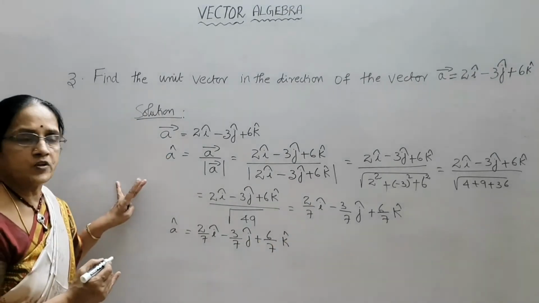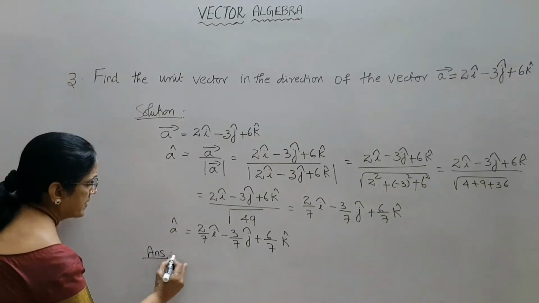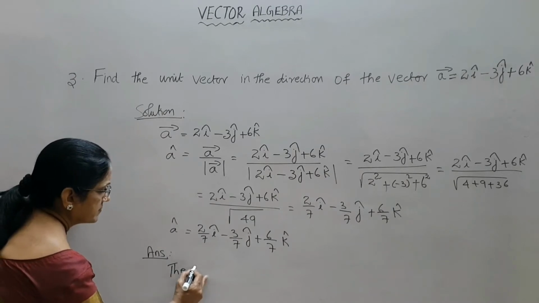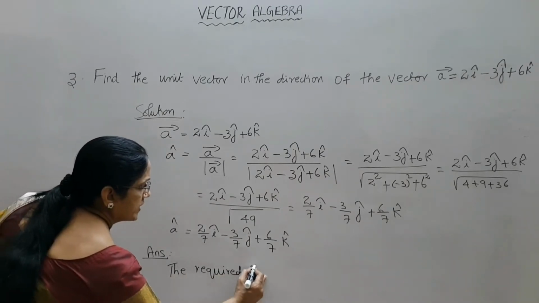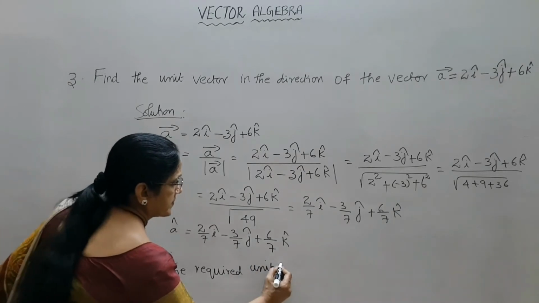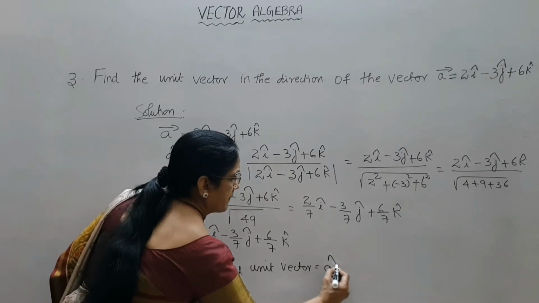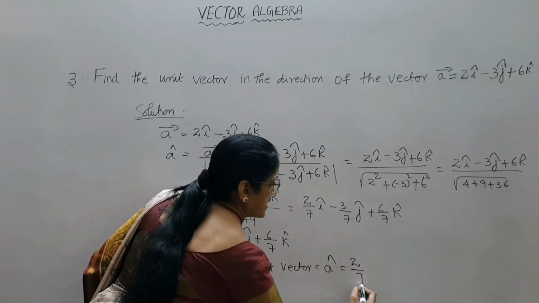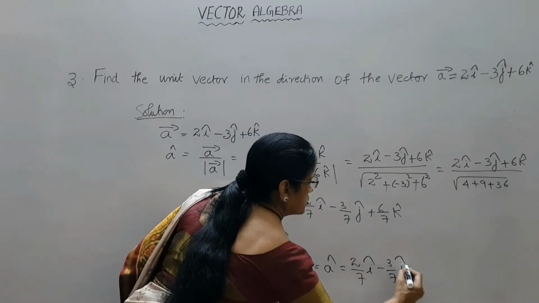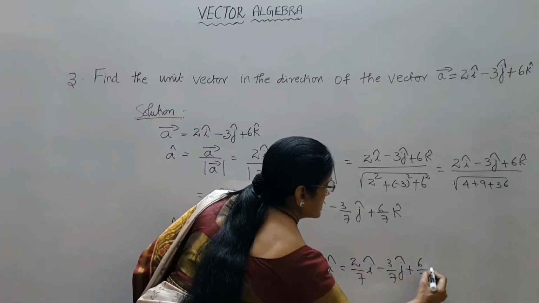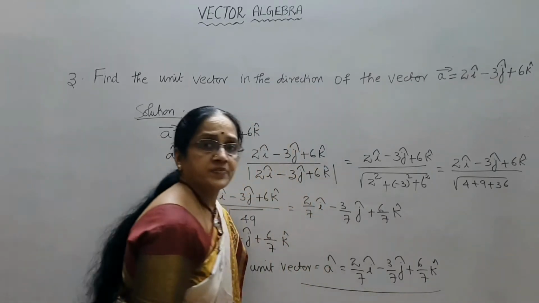Finally, you need to conclude your answer stating: answer, the required unit vector is equal to a cap is equal to 2 by 7 i cap minus 3 by 7 j cap plus 6 by 7 k cap. So this will be your final answer.